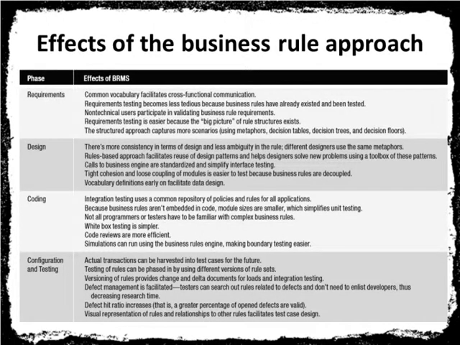So after we have seen all the techniques of the business rule approach and discovered them more or less, now we can move to the effects of the business rule approach. And in order to do this, we have to find a step in the software life cycle which is measurable, and we choose the testing phase, the testing component of the software life cycle, and we can measure the effects of deploying this approach to software.